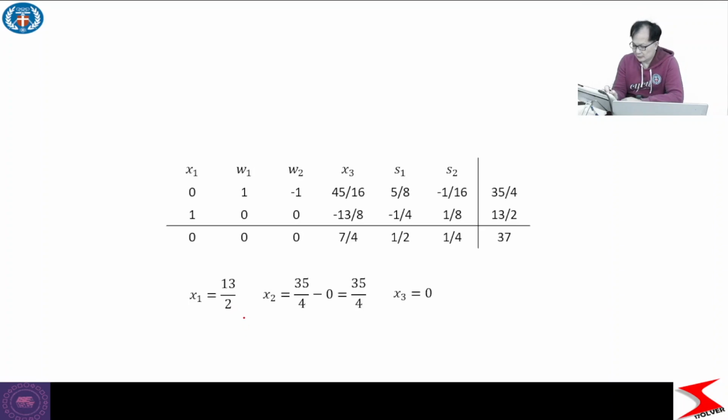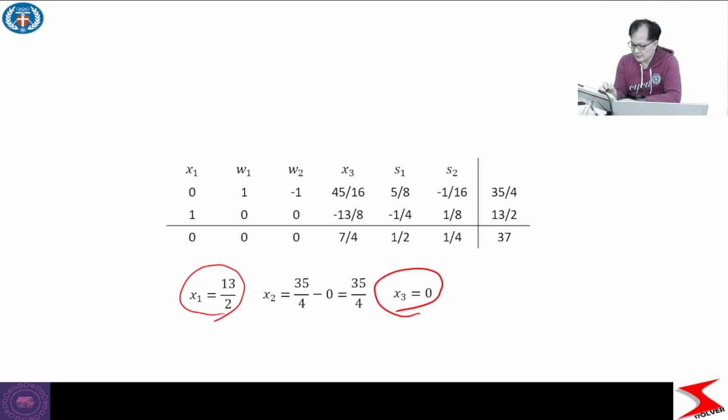Then x1 is 13 divided by 2, and x3 is 0. How about x2?